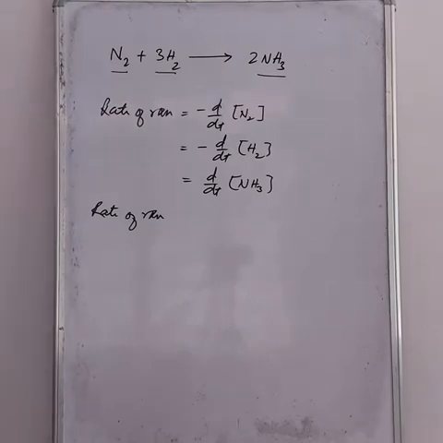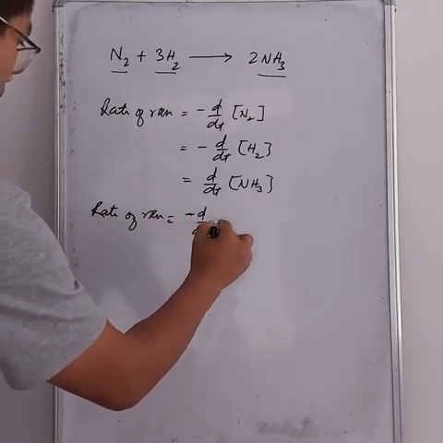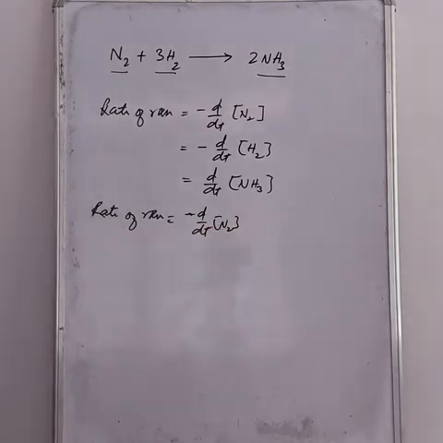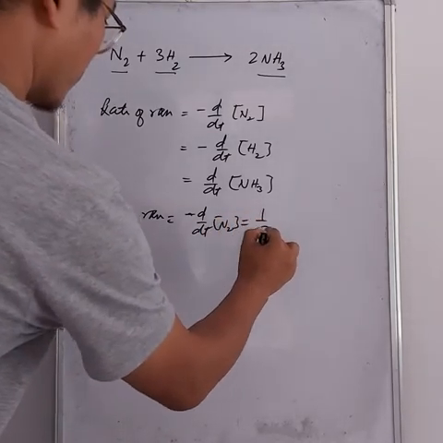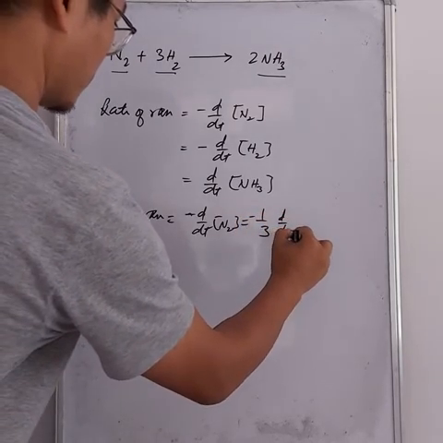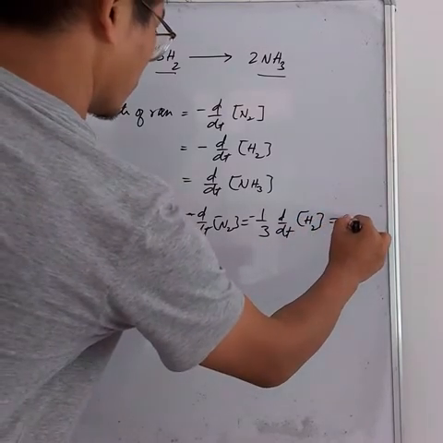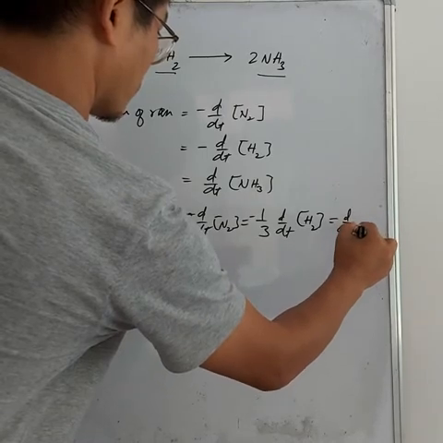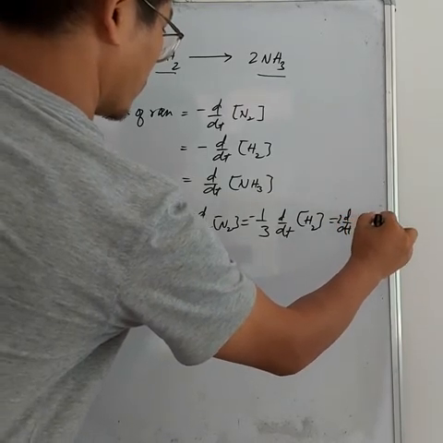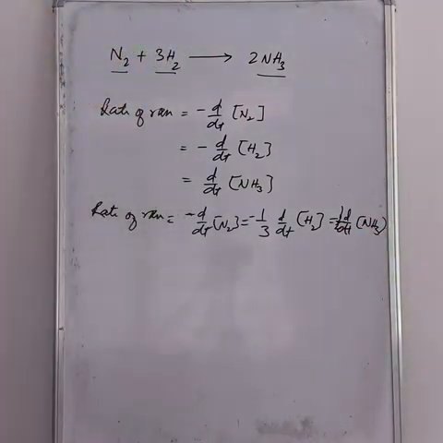So the total rate of reaction would be negative d over dt of nitrogen, equal to negative 1/3 of d over dt of hydrogen, equal to half of d over dt of ammonia. That is how we determine the rate of a particular reaction.